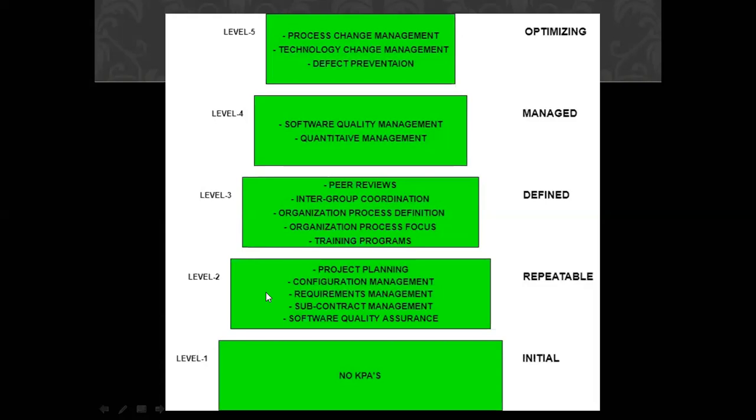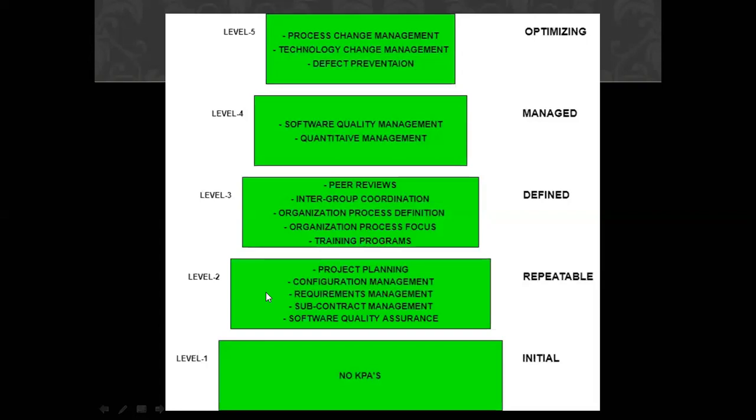Level 3 key process areas. We have already discussed level 3: documentation of the standard guidelines and procedures takes place. If you remember the diagram of how to define the process, you can make one definition for the defined level from the complete diagram, involving all the things together.